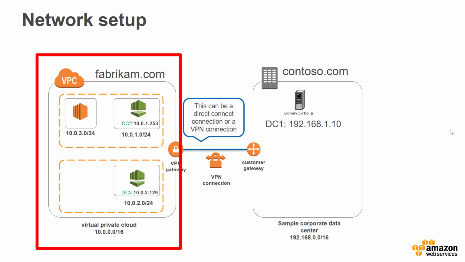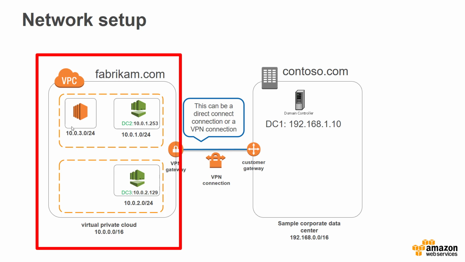Just to recap and summarize what we have done so far, we created the assets related to this fabricam.com. We created the VPCs, we set up the subnets, and then we put two managed versions of the domain controllers into these two subnets. And also we domain joined this EC2 instance into the fabricam.com domain. We set up DHCP option sets.